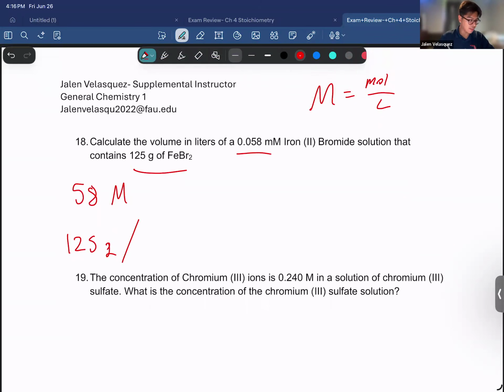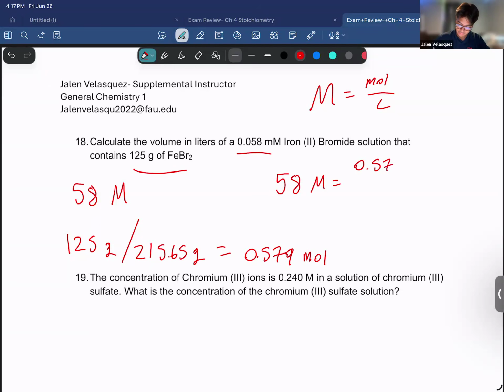So we're just going to divide that by its molar mass. And then from there we can plug in, right? So 58 molar is equal to the moles divided by liters. Solve for X, and X is equal to 0.010 liter.